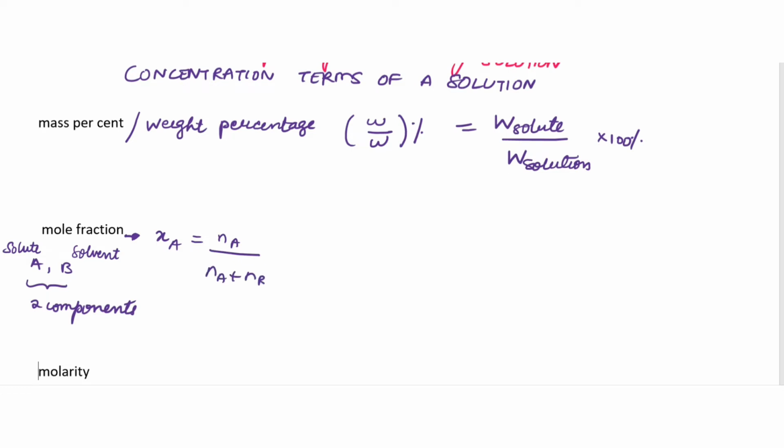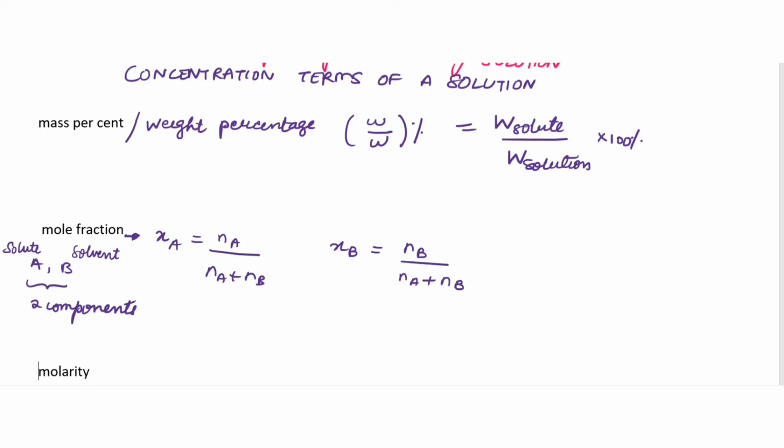The very term mole fraction means the fraction of the number of moles of A divided by the total number of moles. So number of moles of A by number of moles of A plus number of moles of B gives us the mole fraction of A. Similarly, mole fraction of B, Xb is equal to Nb by Na plus Nb.